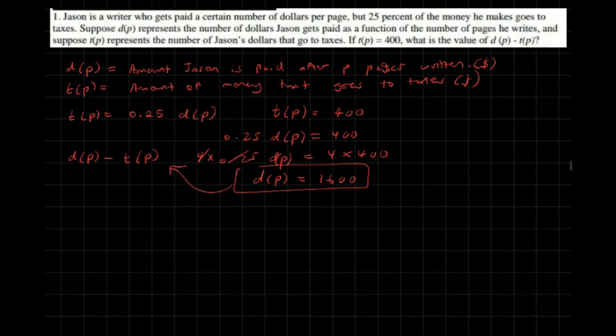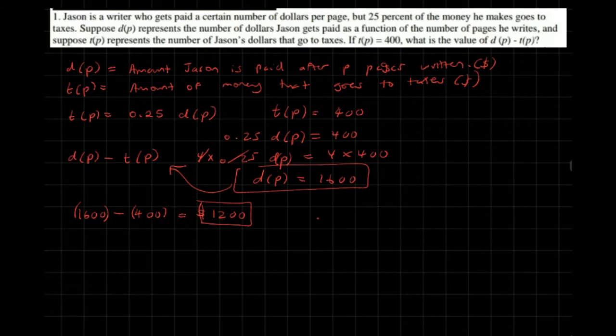So if I put this into my function, we basically get 1600 minus 400 for taxes, and in total he makes 1200, right? So DP minus TP is the amount of money that he takes home at the end of the day.